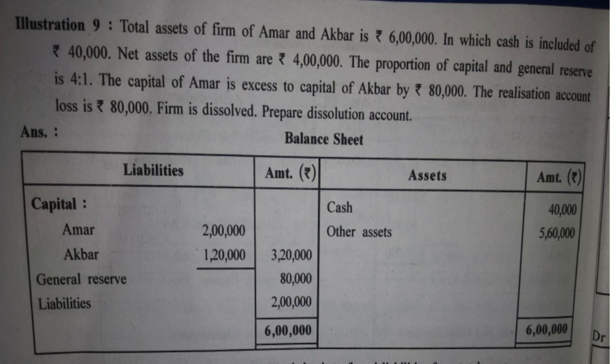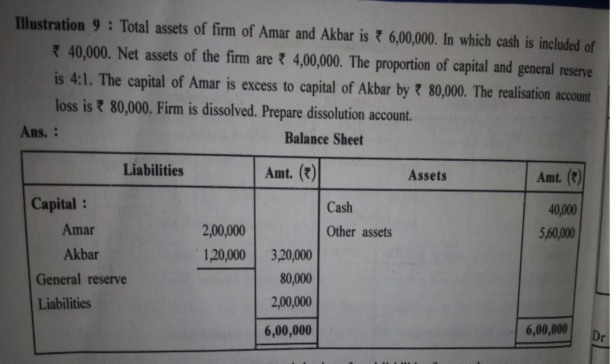So here the question is given in paragraph form, if you see. And the very first thing, you have to prepare the balance sheet. Because in every sum, the balance sheet highlights the position of the business.